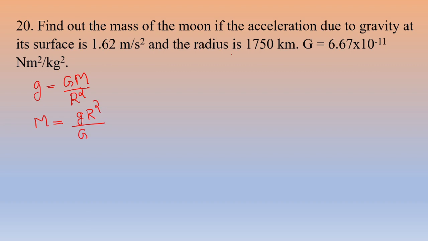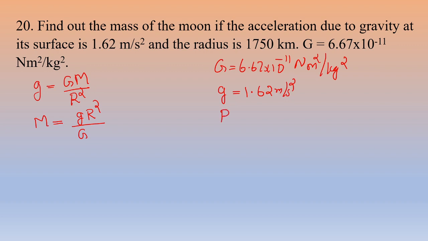So we have all the values: capital G is equal to 6.67 into 10 raised to negative 11 Newton meter square per kilogram square, the value of g on the surface of the moon is 1.62 meter per second square, and the radius, 1750 kilometer, is equal to 1.75 into 10 raised to 6 meter.